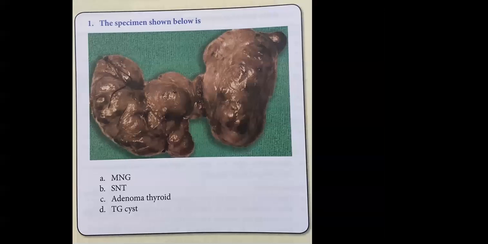The most dreadful complication of multinodular goiter is, or else my question is, a long-standing goiter can give rise to, this is also an important question for you. Carcinoma. Which carcinoma in specific? Malignancy. Good. Which malignancy?